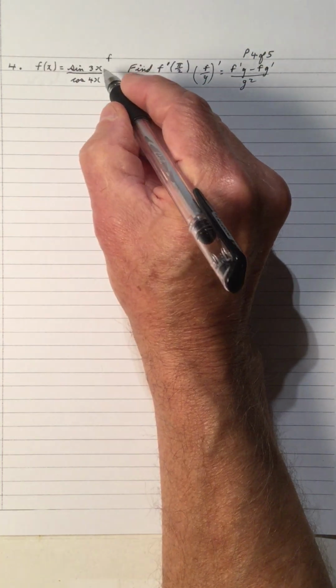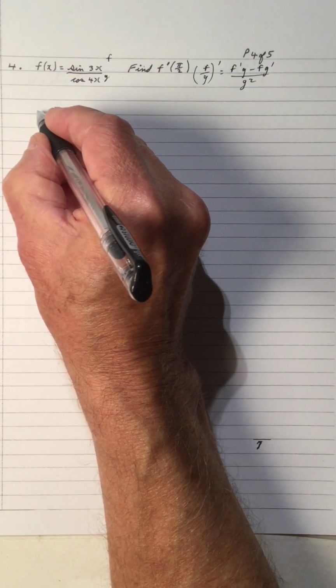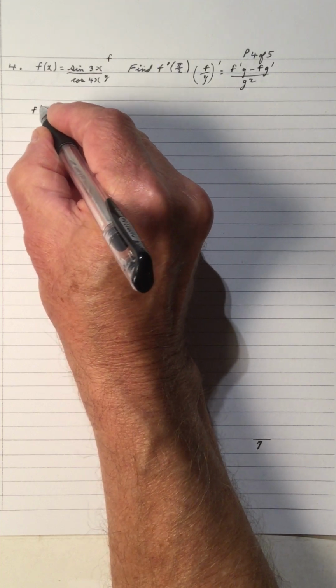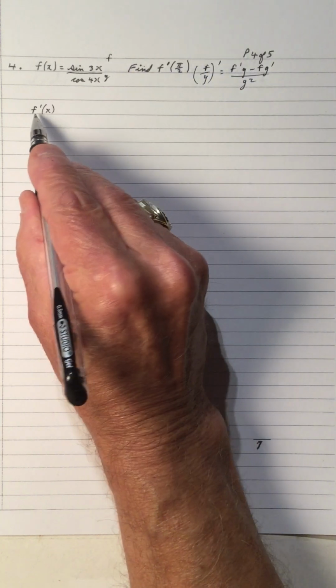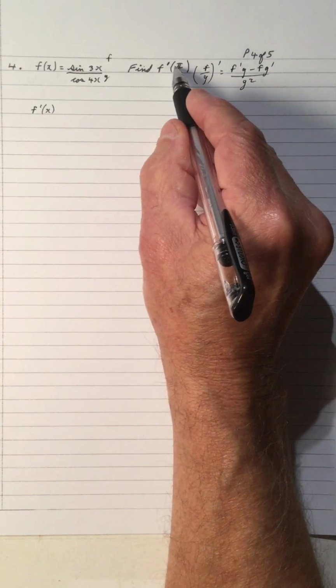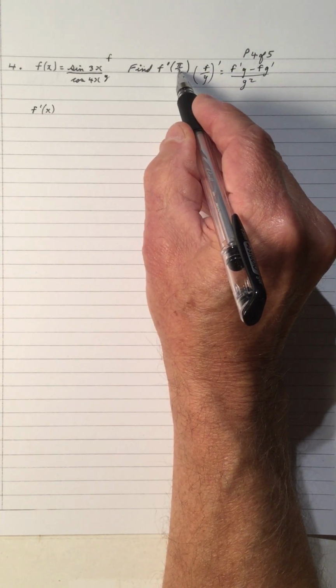So let's do f of x first, derivative, and then we'll put the pi over 2 in after.